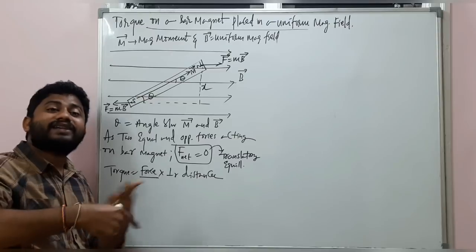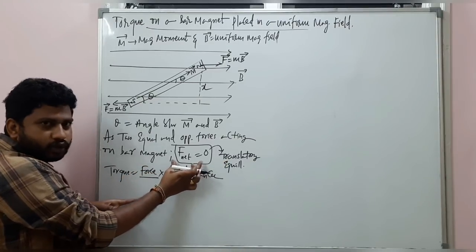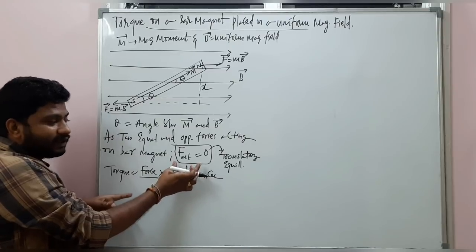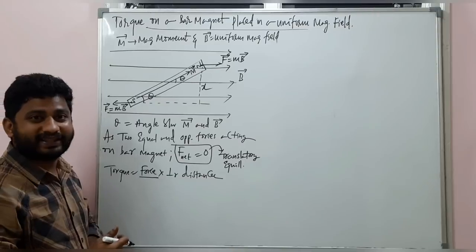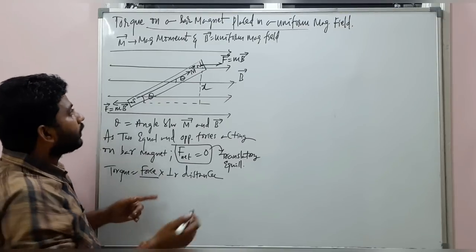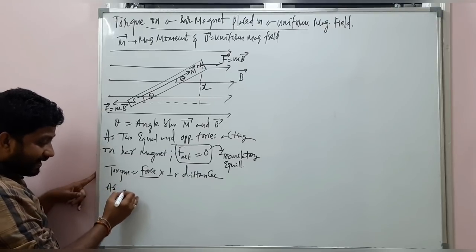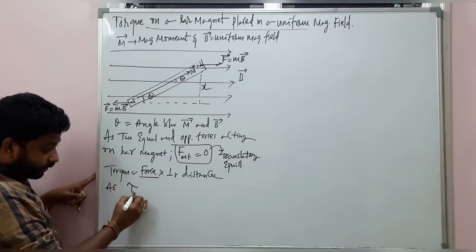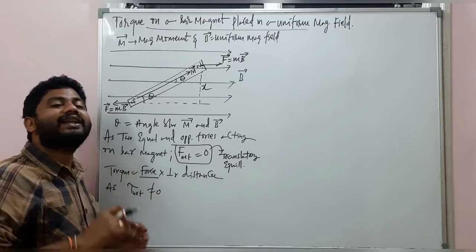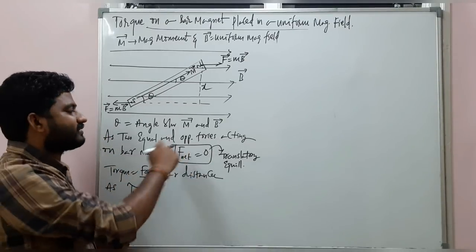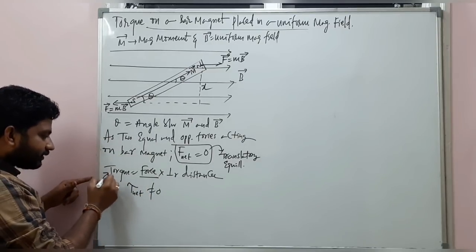Definitely there will be rotation. Translatory equilibrium is zero, right? The body is in translatory equilibrium, net force is zero, but net torque will never be zero in this case, right? So as net torque is not equal to zero, the body is not in rotational equilibrium. It is only in translatory equilibrium. So that is the reason I have considered this equation.